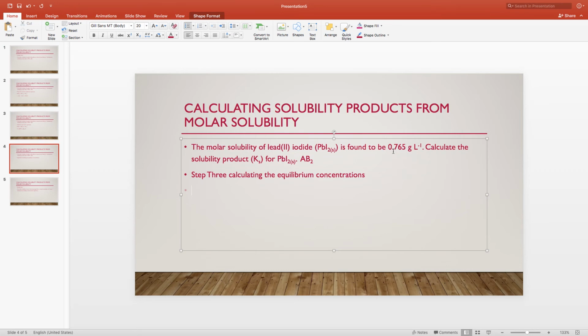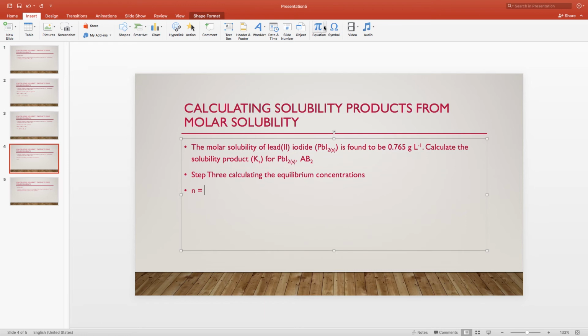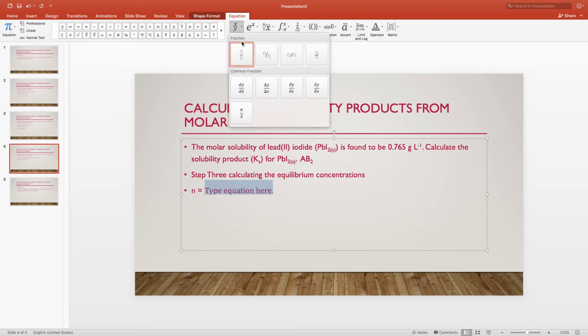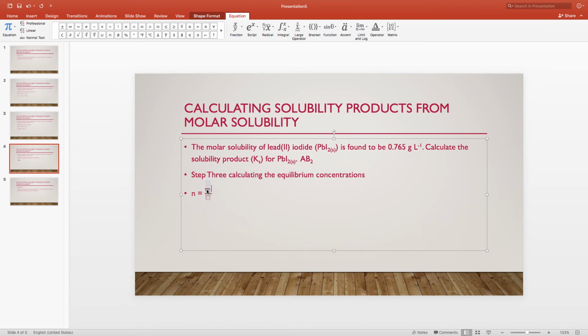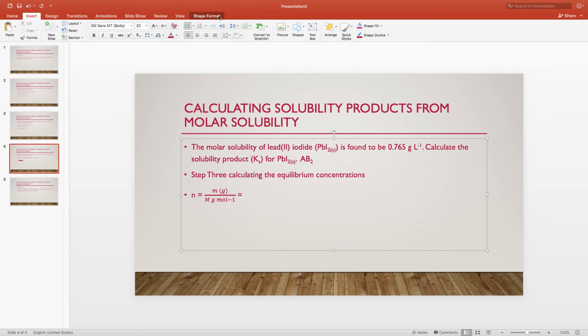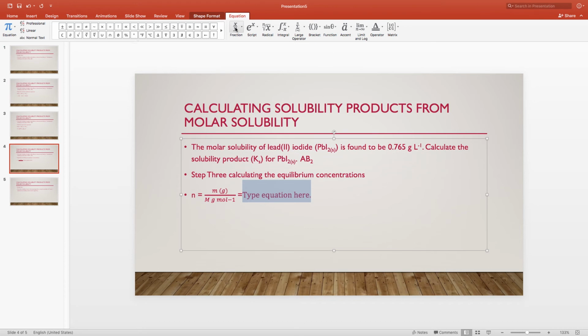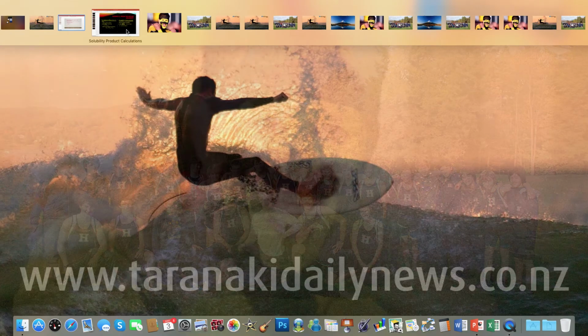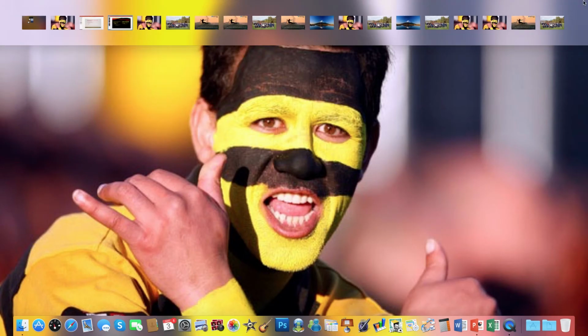So we're going to use n equals mass in grams over molar mass in grams per mole, and in this case it's going to equal 0.765 grams divided by the molar mass of lead iodide, and I've already got that calculated here. It's 461 grams per mole.